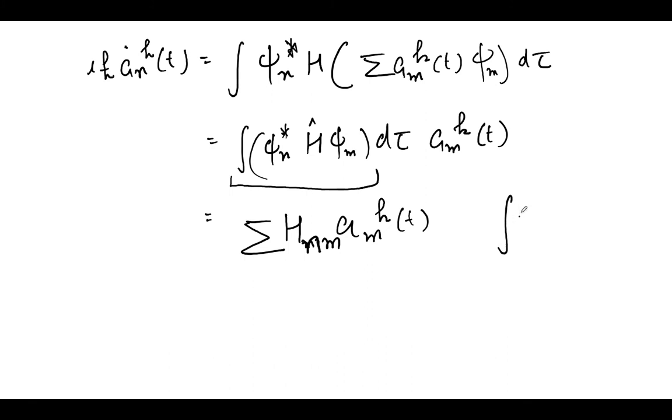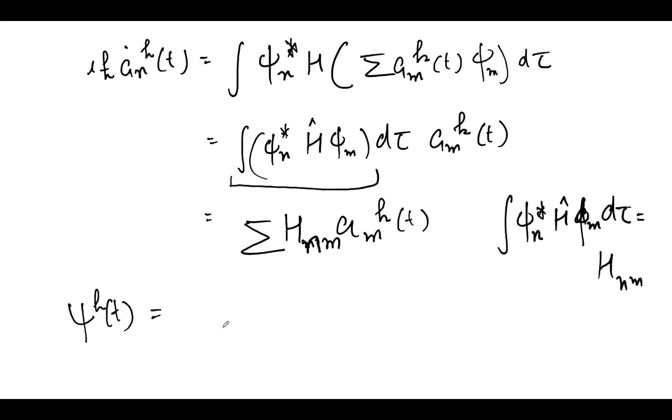So here the integral of phi n star H phi m into delta tau is generally written as the Hermitian operator H n m. Therefore, this psi of k t we can represent as showing the total probability amplitude.